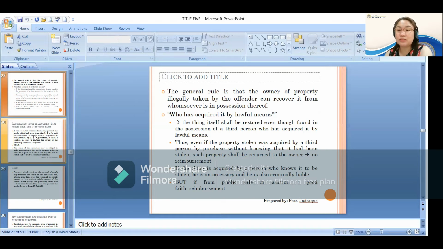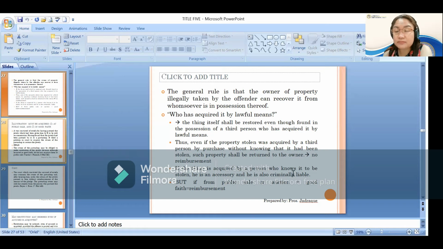No reimbursement. Okay? No reimbursement. If the thing is acquired by a person who knows it to be stolen, what would be the consequence? That person who bought it despite his knowledge that the same is stolen is regarded as an accessory to the crime, and he is criminally liable.